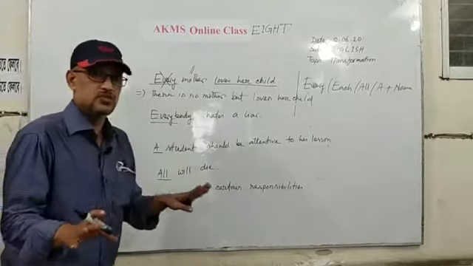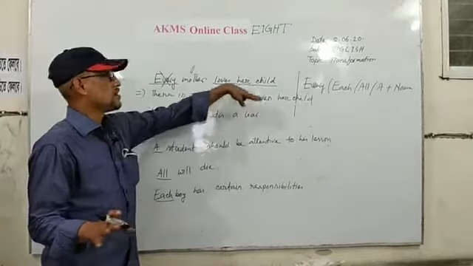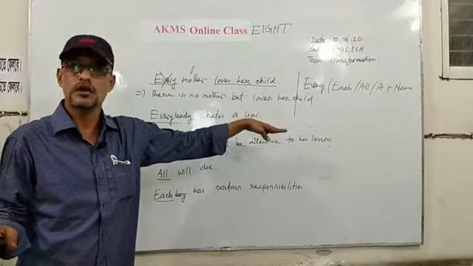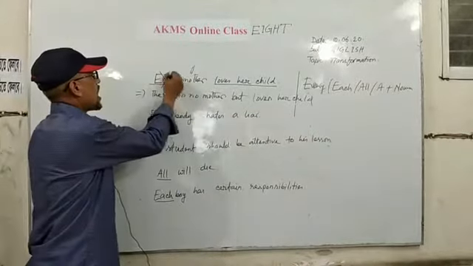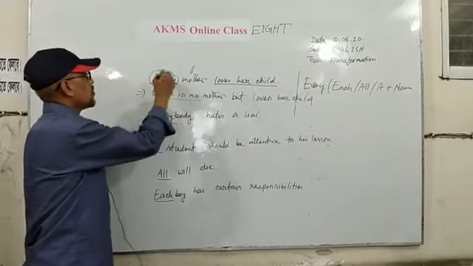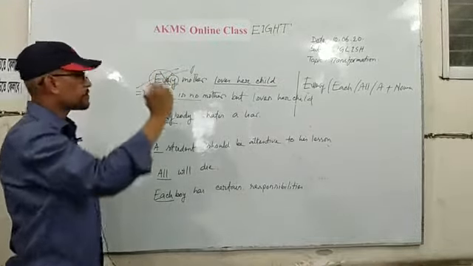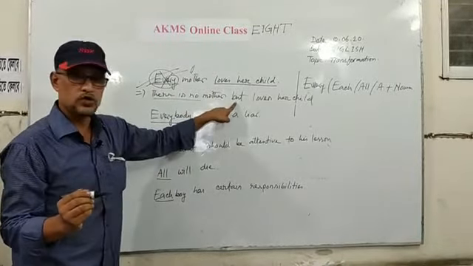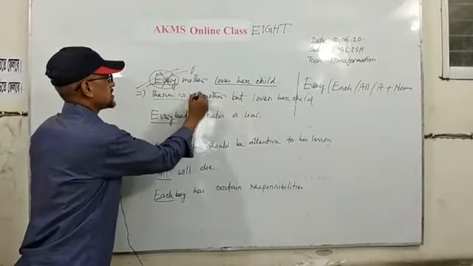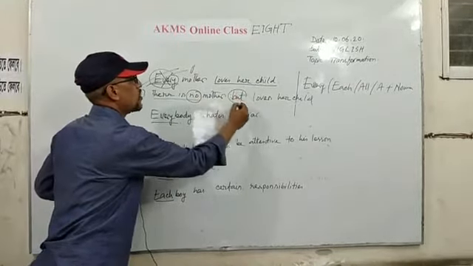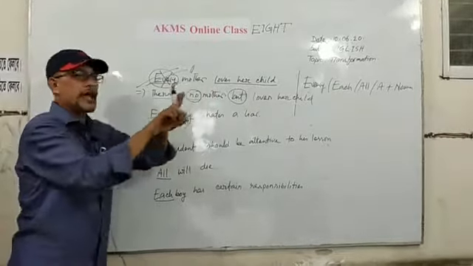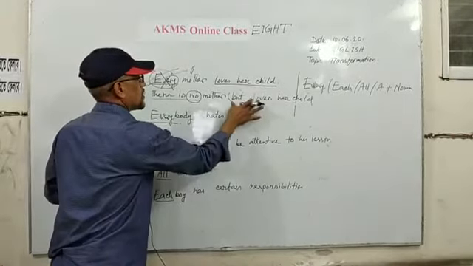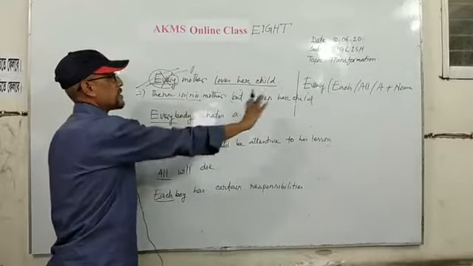There is no mother in this world without the loving affection to her child. This is negative form, and this is also negative. Two negatives will make it affirmative. There is no mother but loves her child.